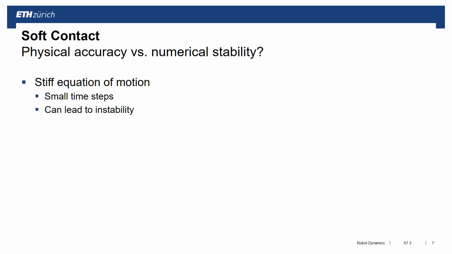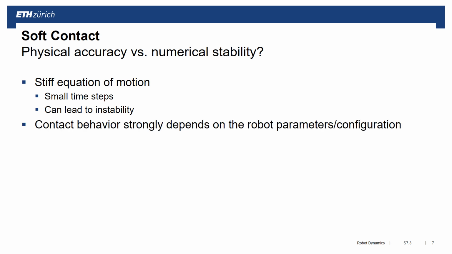So in summary, soft contacts, or the choice of parameters within the soft contact, can lead to very stiff equations of motion. If you would like to parameterize this golf ball interacting with the environment, you would have to go to very small time steps, and that can really lead to numerical instabilities of your simulator.